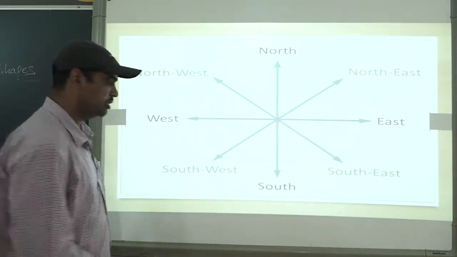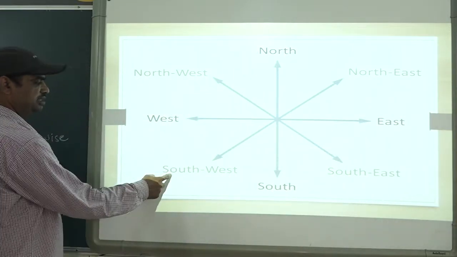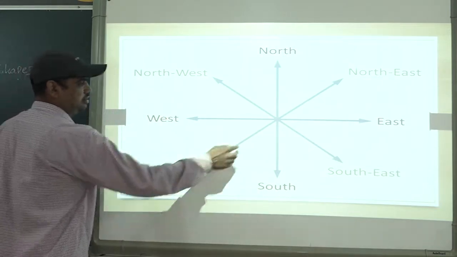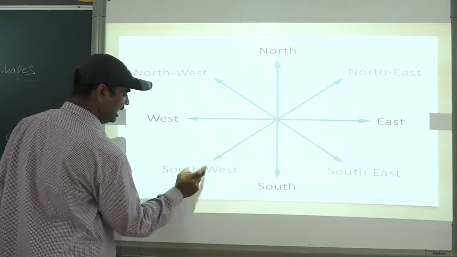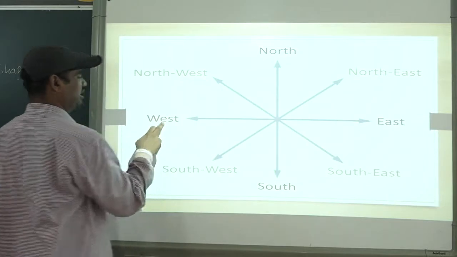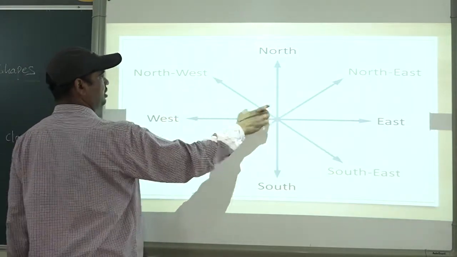Why is it southeast? Because it is between south and east. Next, southwest: the area between south and west. The area between these two main zones is known as southwest. Next one is northwest. The area between north and west is northwest.